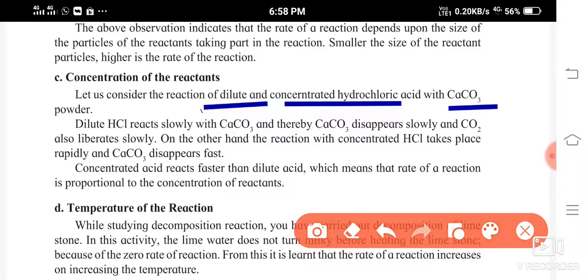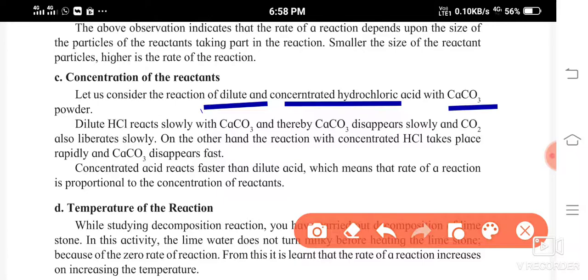Now see, you have taken calcium carbonate in 2 test tubes, and in one test tube you are going to add dilute hydrochloric acid, and in the other you are going to add concentrated hydrochloric acid. Then you will observe how fast the calcium carbonate in both test tubes disappears and carbon dioxide is liberated.